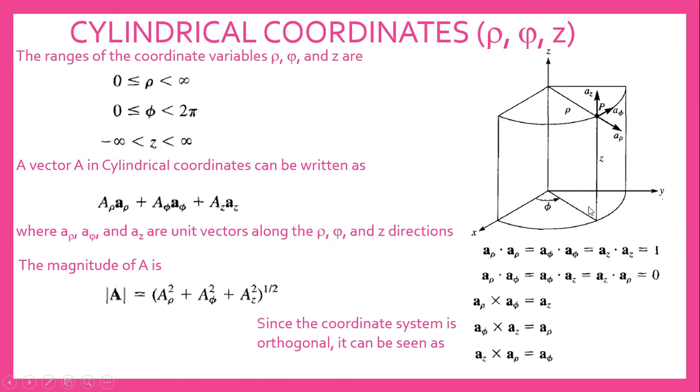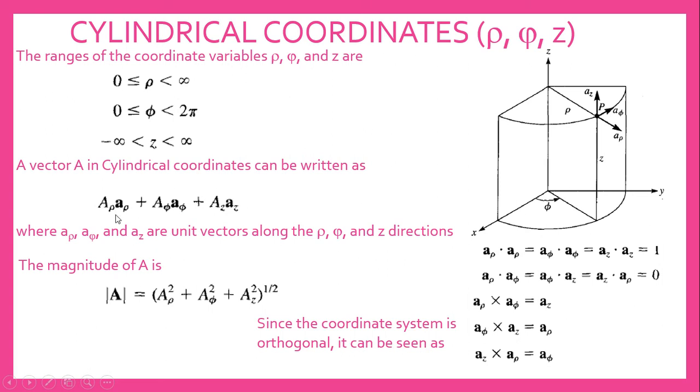It can vary from the minus z axis to the plus z axis, or otherwise I can say from minus infinity to plus infinity. Similar to the Cartesian coordinate system, a vector equation can be written for the cylindrical coordinate system also. The corresponding vectors are a rho, unit vector a rho, plus a phi, unit vector a phi, plus a z, unit vector a z.